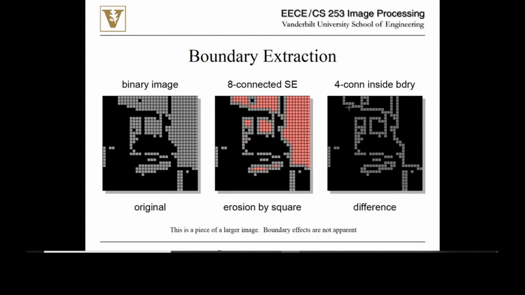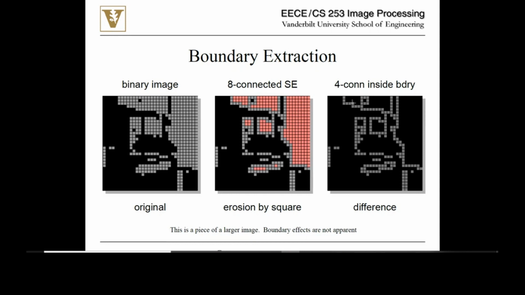So it depends on how you want to compute your boundaries. Do you allow only 4 connected boundaries, or do you allow 8 connected boundaries? 8 connected boundaries are weaker in the sense that some of the connections between pixels are weaker. This is just a corner, just a point, while in this 4 connected boundary, all the pixels share an edge.